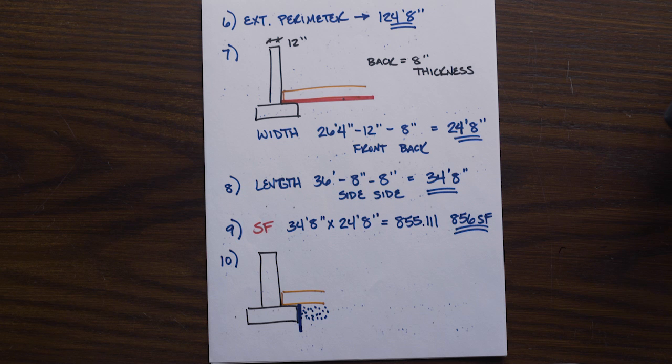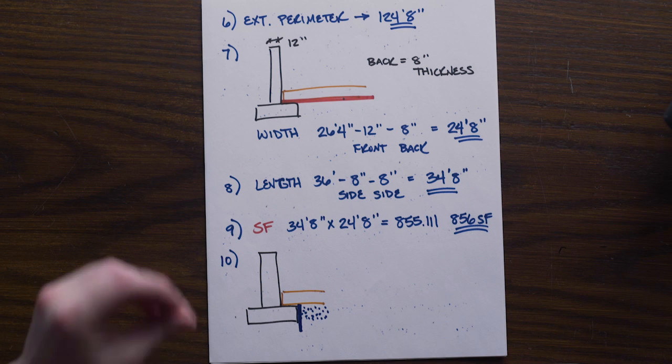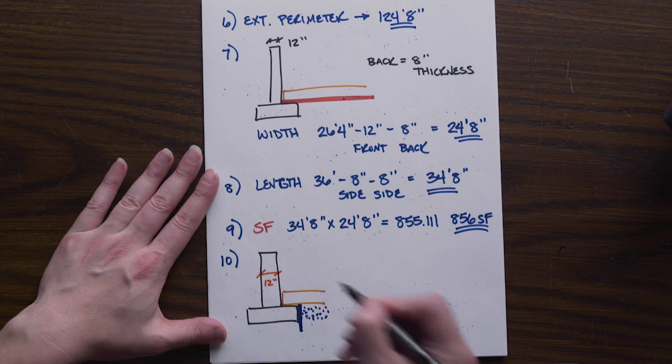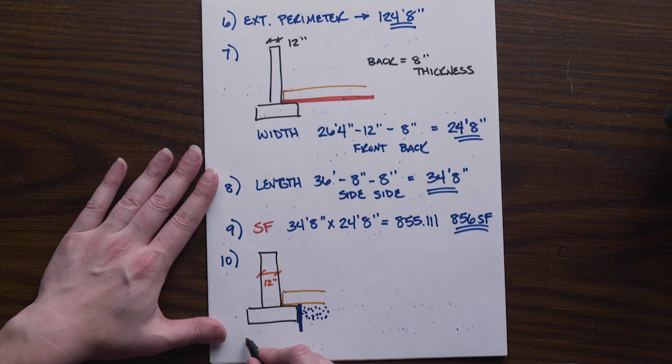So we're starting off with our width. So if, for example, we have a 12-inch thick front wall, we also know that we have a 24-inch thick footer.